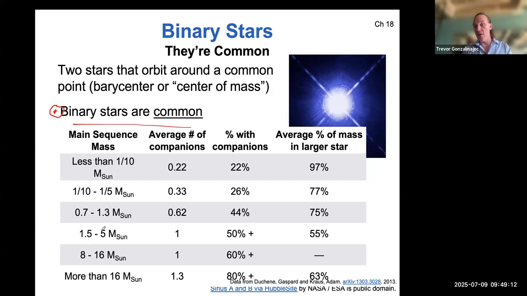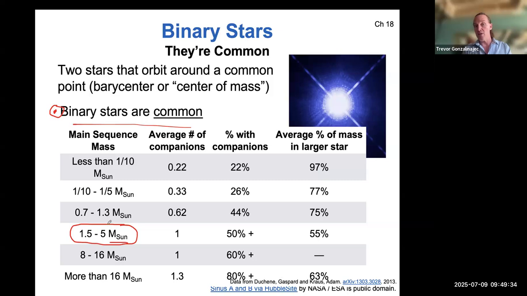What I will point out is that if you look at stars that are mid-sized in general and a little bit bigger than the sun, so these are stars that have a mass from 1.5 to 5 M sun, where M sun is a unit that we use, which is just a multiple of the mass of our sun.